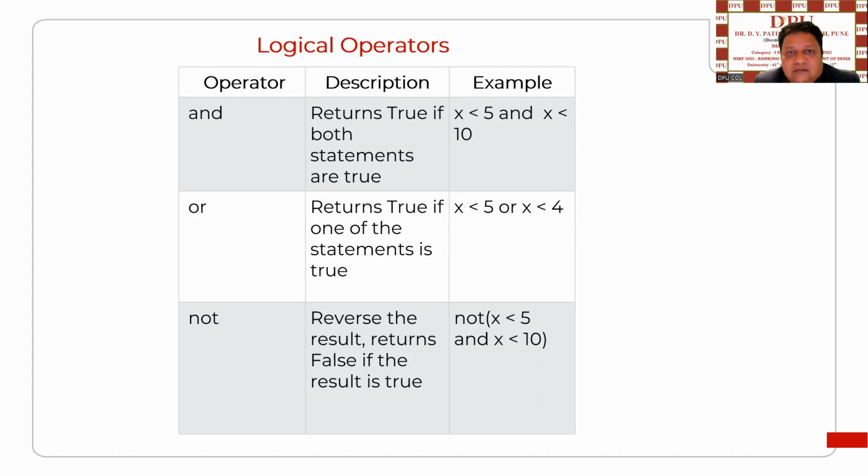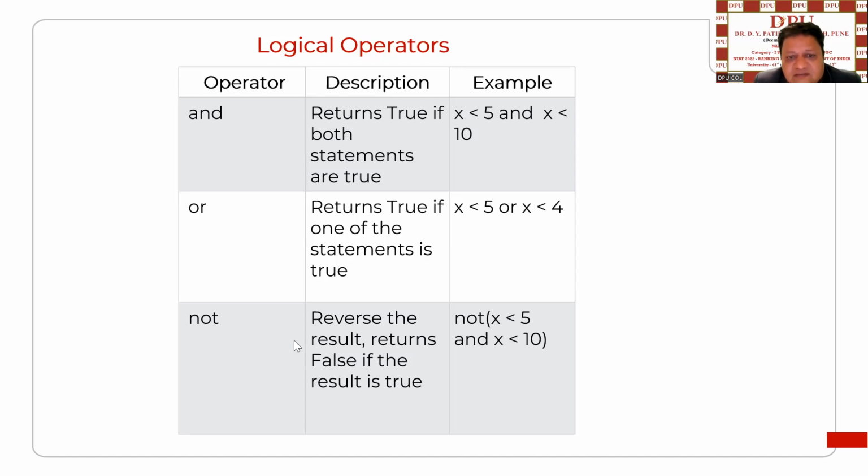Consider that the value of x is 3. So now I will get the result as true because here I am using the or condition. The first condition is true. The value of x is 3, which is less than 5. So definitely I will get the result as true.